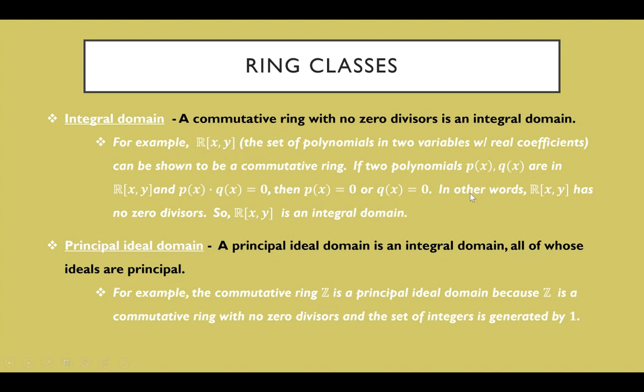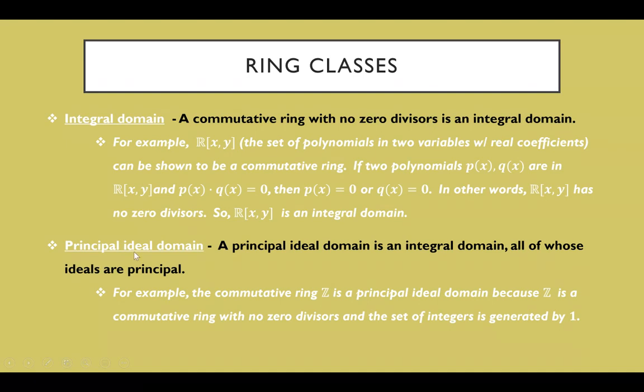So since this set has no zero divisors, other than 0 itself, of course, then we would say that this set is an integral domain. Again, the two requirements for an integral domain are commutativity of multiplication and no zero divisors.